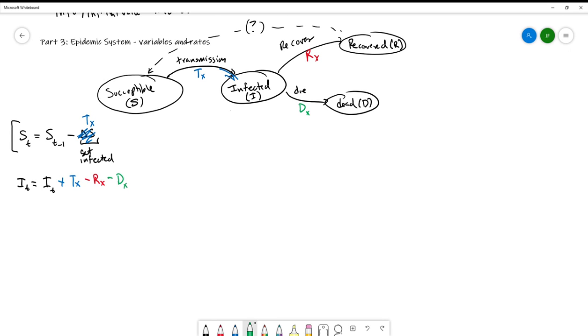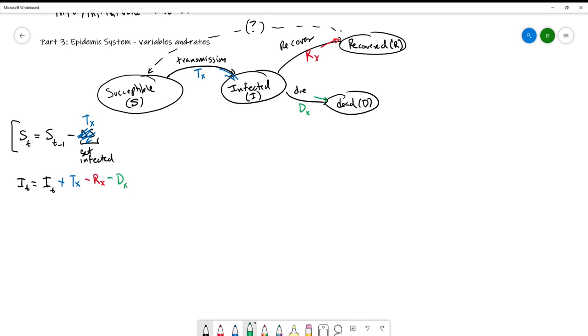And so that means that in order to calculate the number of infected people at a later time, I need to know how each of those three fundamental changes are. The other two are simpler because those two populations only have input arrows into them.